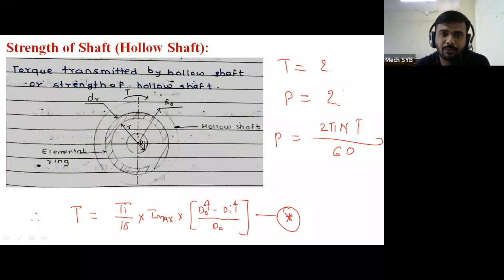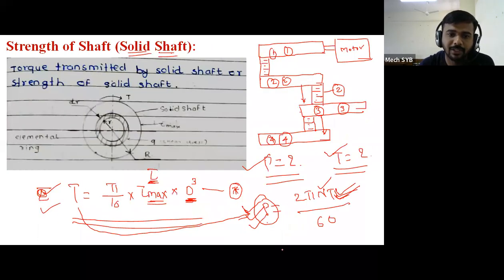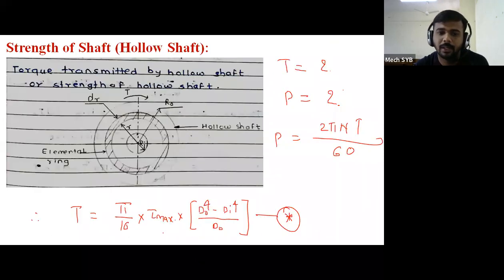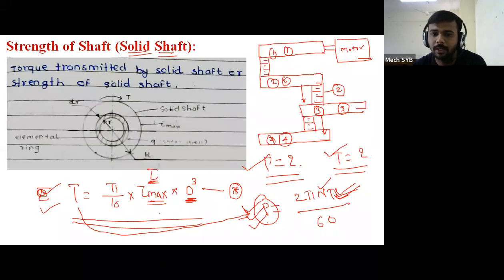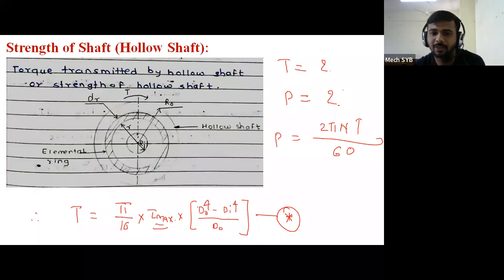If the shaft is replaced from solid to hollow, its torque formula will change. And that torque formula will be available in the form of two diameters. बघा दोन्ही फॉर्म्युल्यामध्ये pi by 16 is common. Tau max is common. But if you check the last parameter, the diameter, the effect of diameter also plays a very important role in the torque calculation.